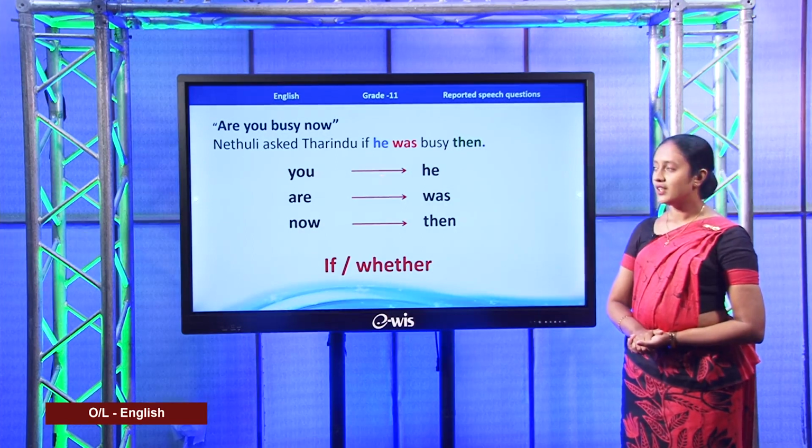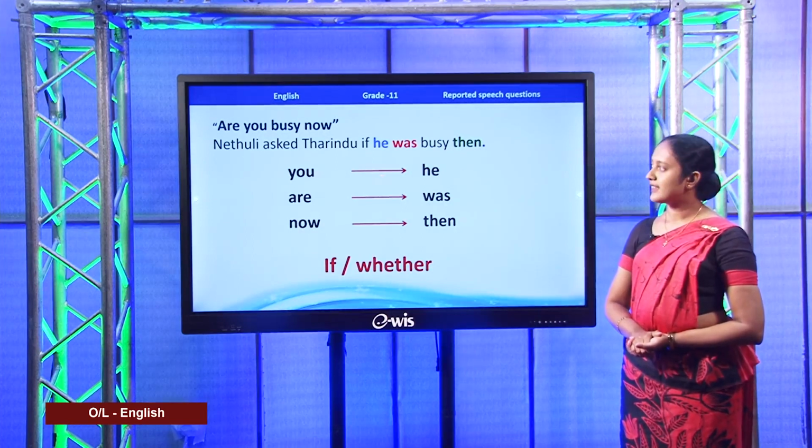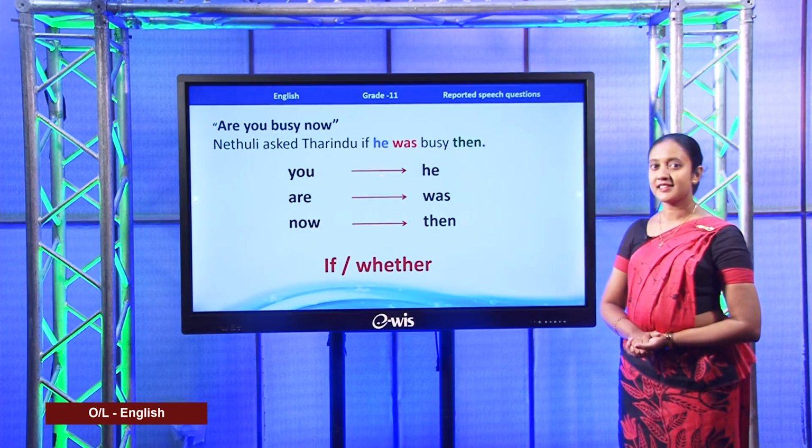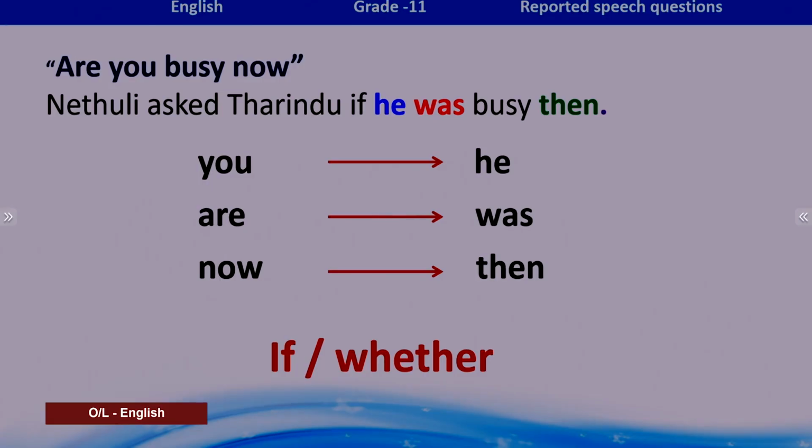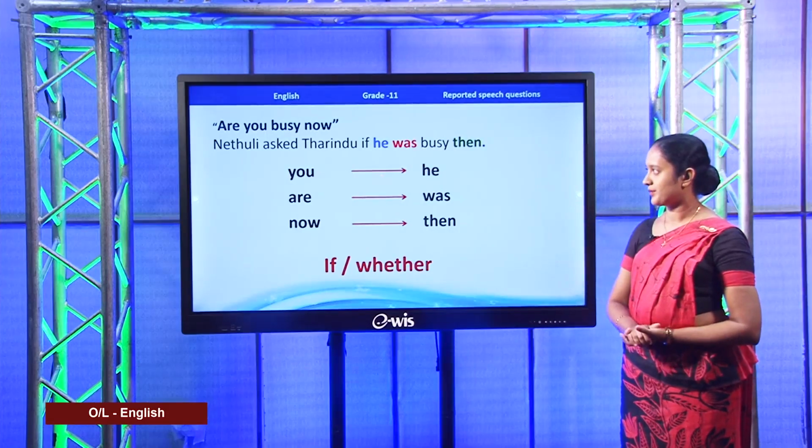And what are the other changes in the reported question? Yes, I think you can understand. In the direct question, the time indicator is now. So, it has changed into then in the reported question. Once again, let's see what are the changes I have made to the reported question.